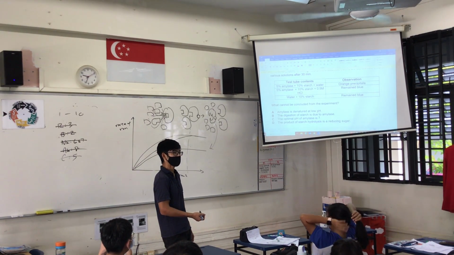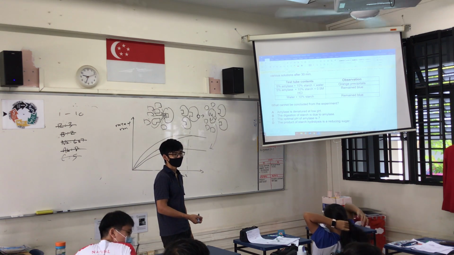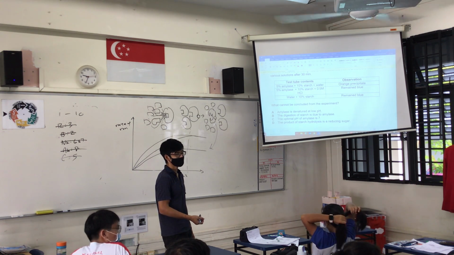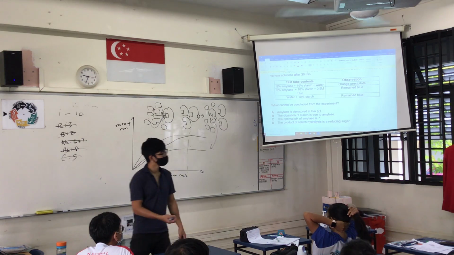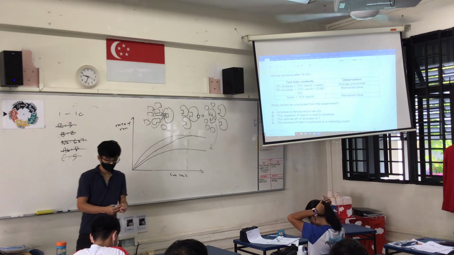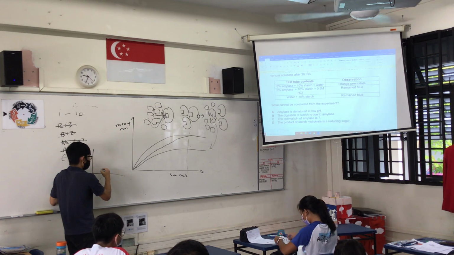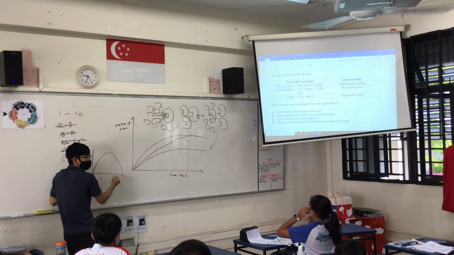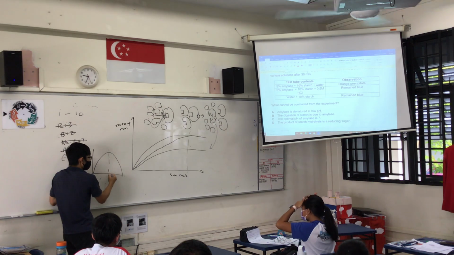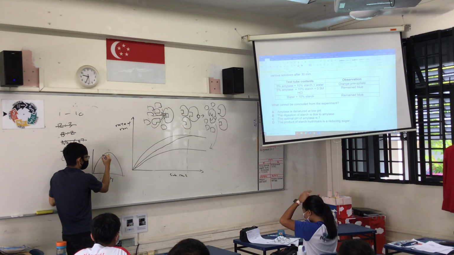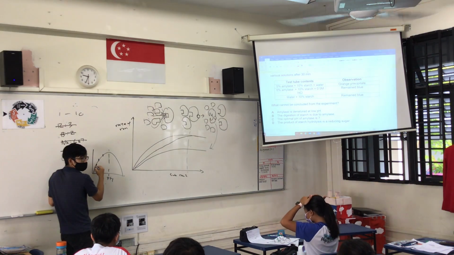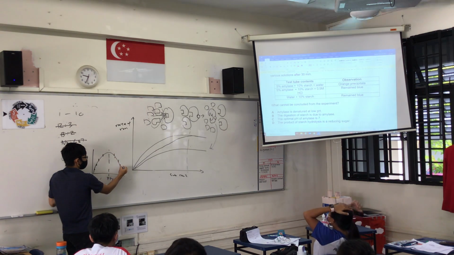Anyway, the graph of pH, you'll find it looks like that. So even past the optimal pH, there will still be some reaction taking place. Yeah?